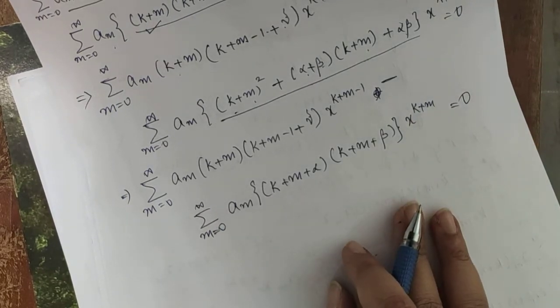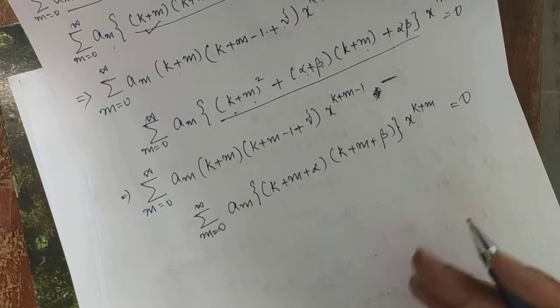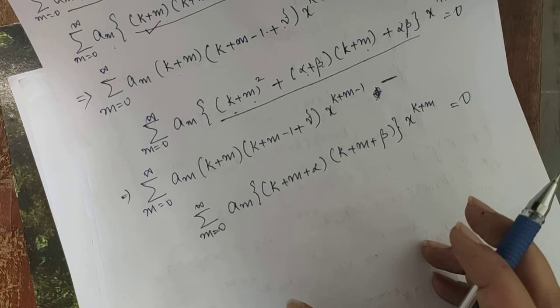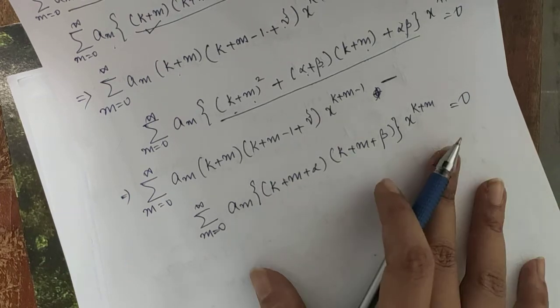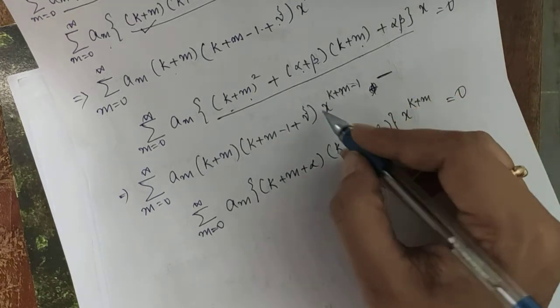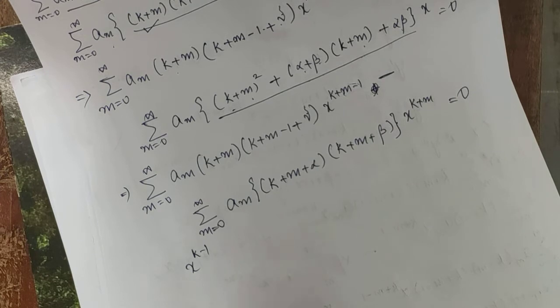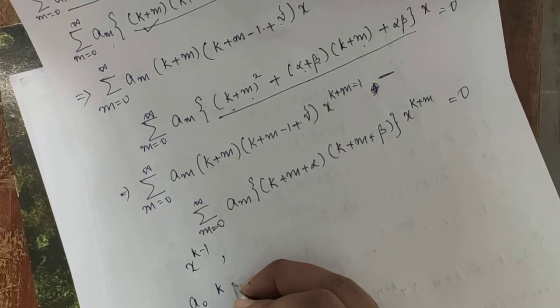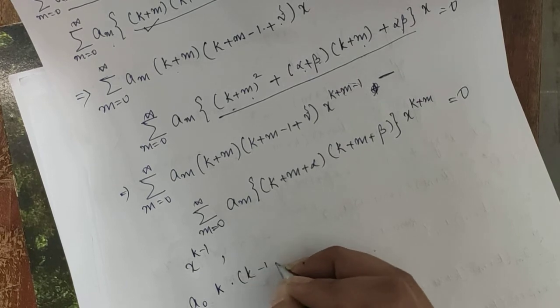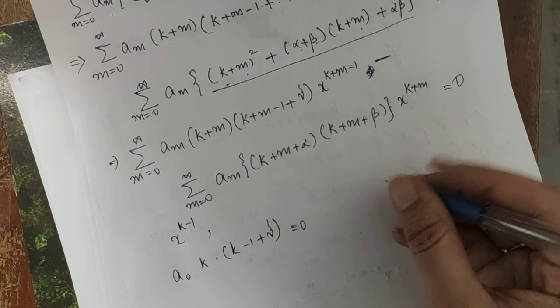Okay, so now I have to consider the smallest power of x. We have to equate to 0 the coefficient of the smallest power of x. So here if I consider m is equal to 0, the smallest power is x power k minus 1, right? So a naught into k into k minus 1 plus gamma is equal to 0.